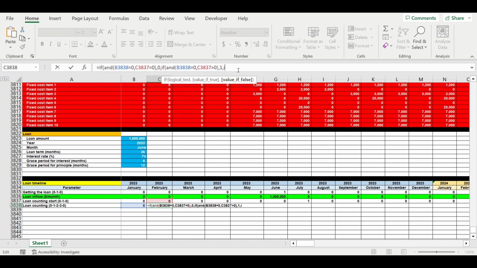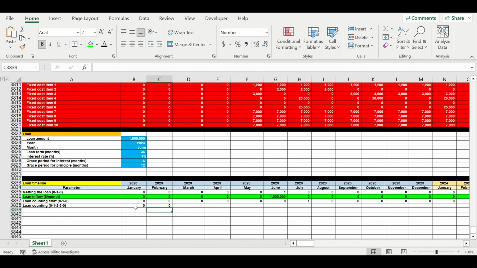Then, if this value is more than 0 and this value is less than the loan term, we take this value plus 1, otherwise we are closing the counting of the loan. So here we can see how we start counting the loan.